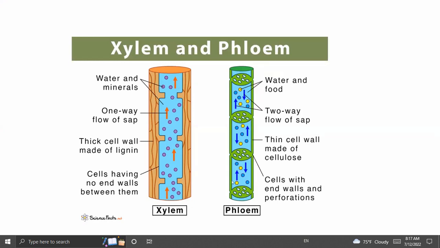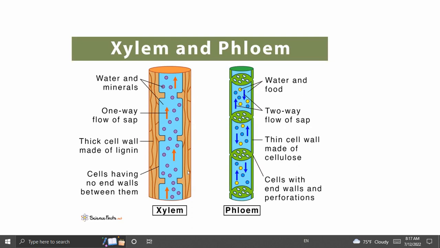Phloem both going up, going down, going up, going down. You know why? Why is this going up only? Why is this going down and up? Can I say this is water and minerals? This is assimilates and sucrose. How does it happen?